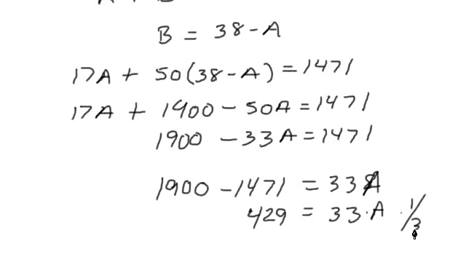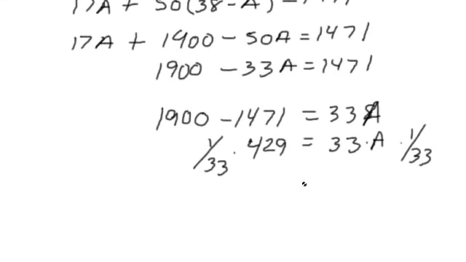Multiply both sides by 1 over 33, because we need a 1 in front of that A, and so we get 429 divided by 33, and that leaves us with 13.